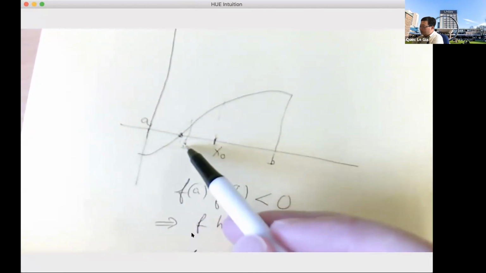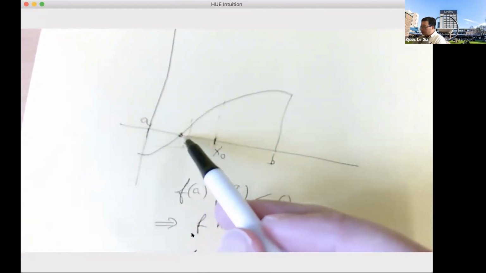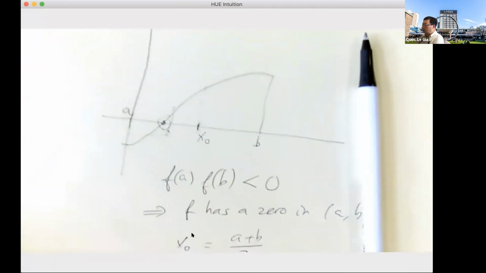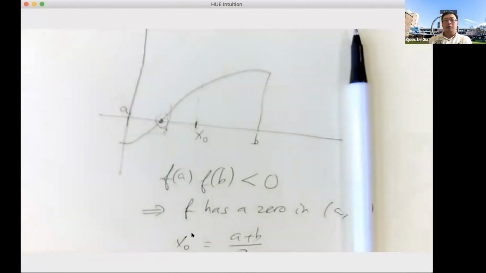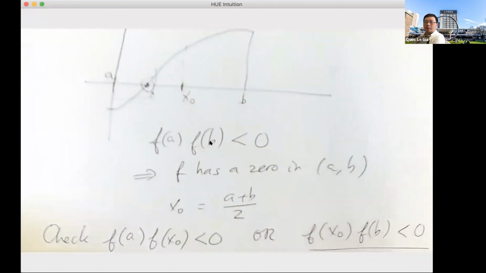And then you do the same process, and just keep squeezing until you get to this 0. But what is the assumption here? So why can we do this? What is the assumption?